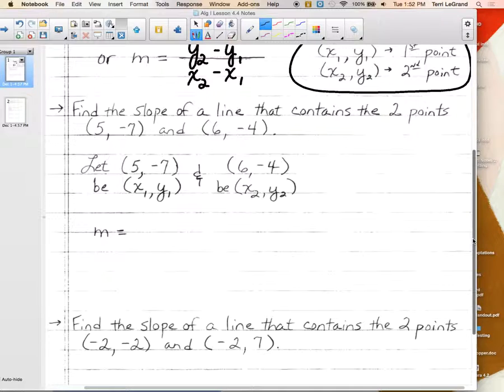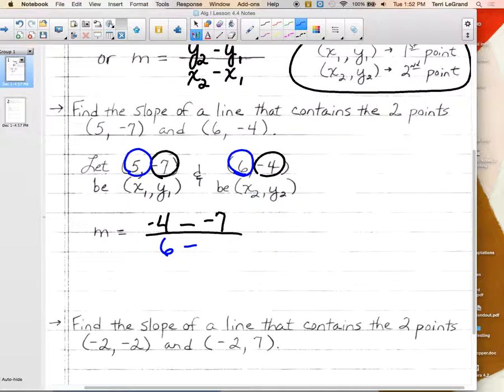So our y sub 2 value is the -4. And we're going to subtract from that the y sub 1 value, which is -7. So the subtraction sign does not take the place of the negative on that 7. And then we go back and we subtract downstairs. We go back to our x sub 2, which is 6. Take away our x sub 1, which is 5.